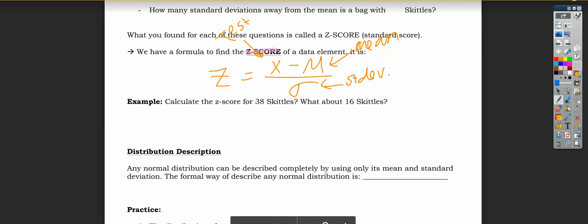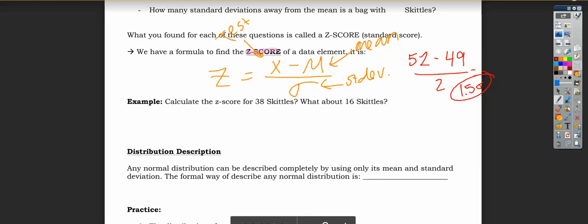So if I actually were to calculate how far away 52 Skittles are from the mean, I would do 52 minus 49 all over 2. And if I type that in my calculator, 52 minus 49 is 3, divided by 2, sure enough is 1.5. So my educated guess was correct.